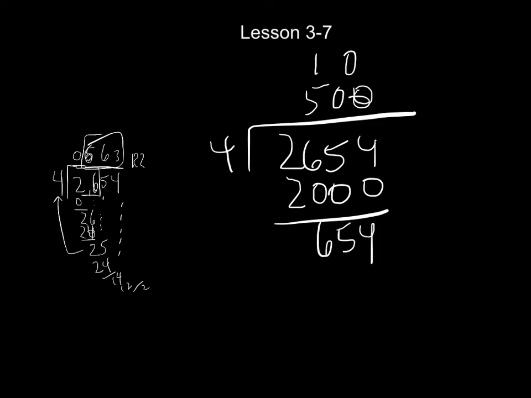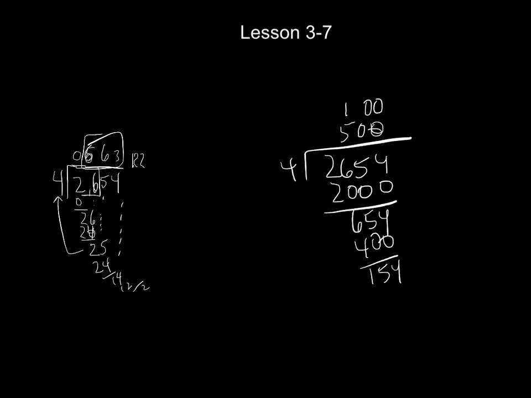Then you could do another 100 times 4 to equal 400, which gives you 154 left over. You're kind of on the same track, because here you had to have 6 in the hundreds place. Here you could do 100 and then 500. That equals 600 in the hundreds place.